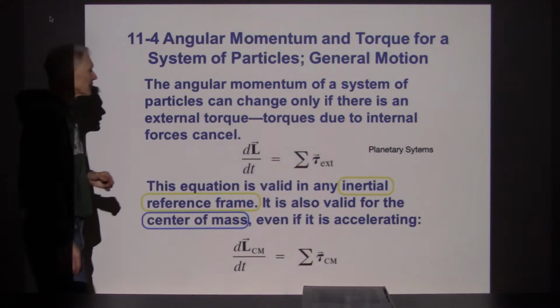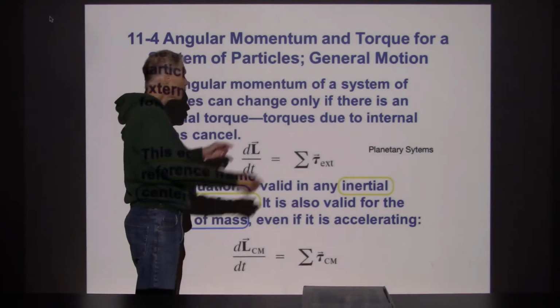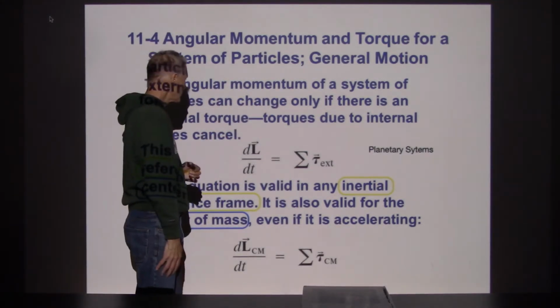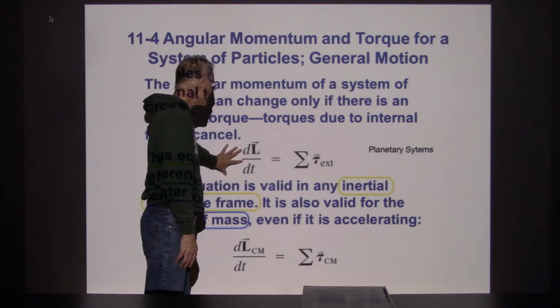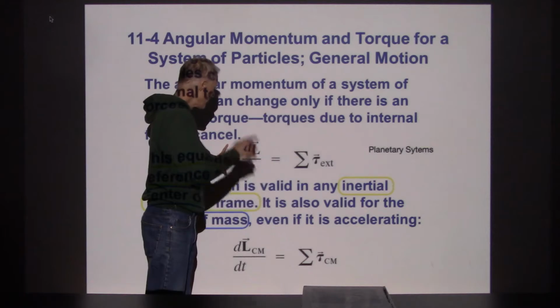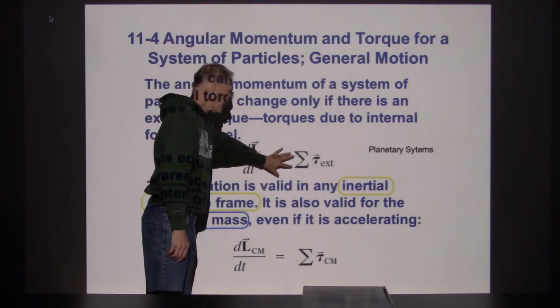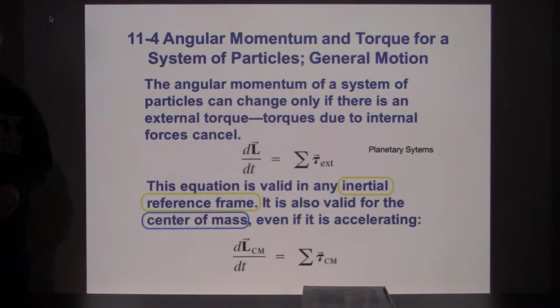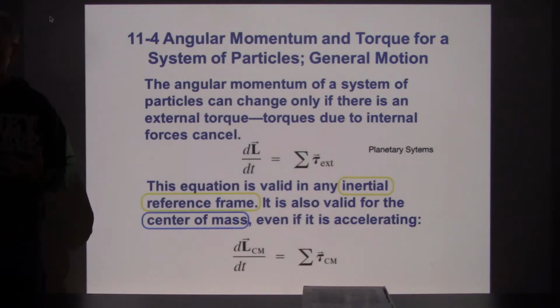So what this is saying is, if we are able to isolate a bunch of objects, then we can show that any changes in the angular momentum within the system would have to come from outside sources. Otherwise, all of the changes in angular momentum are happening within the system between different objects.